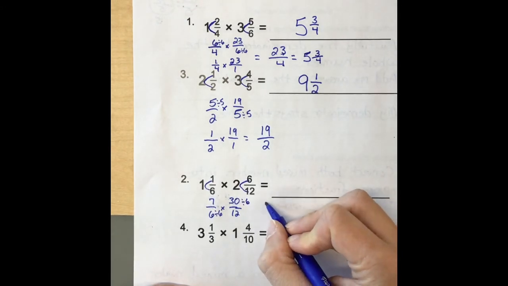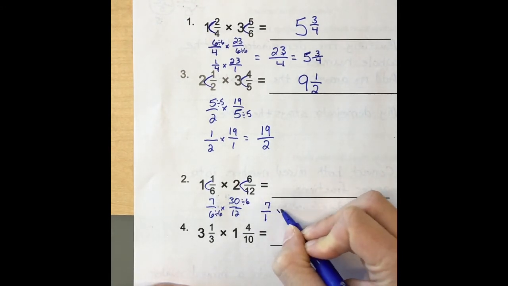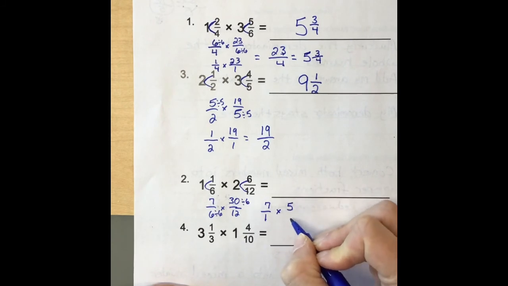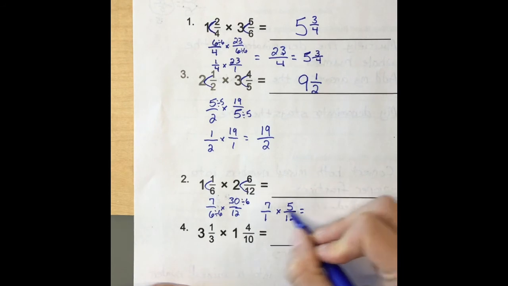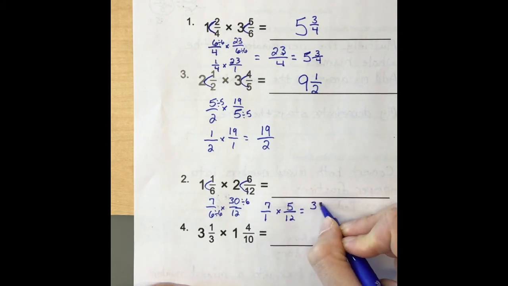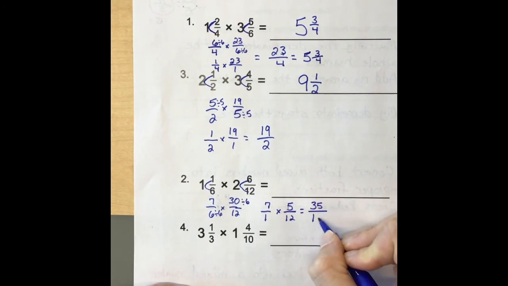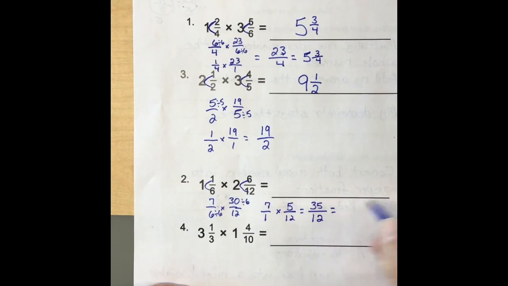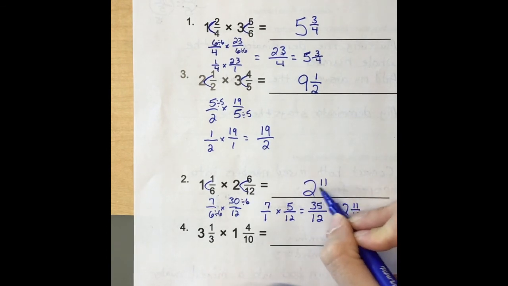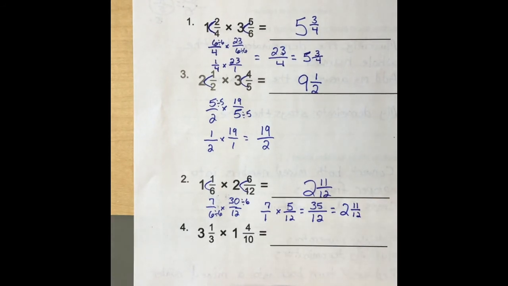That gives me new fractions of 7 over 1 times 5 over 12, because 30 divided by 6 is 5. I then multiply across, so 7 times 5 is 35. 1 times 12 is 12. Then I reduce. 12 goes into 35 twice. Okay, and 12 times 2 is 24, so I still have 11 more to get up to 35. My bottom number stays the same, so 2 and 11 twelfths.